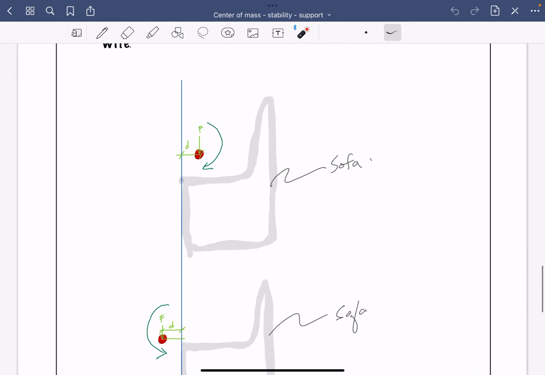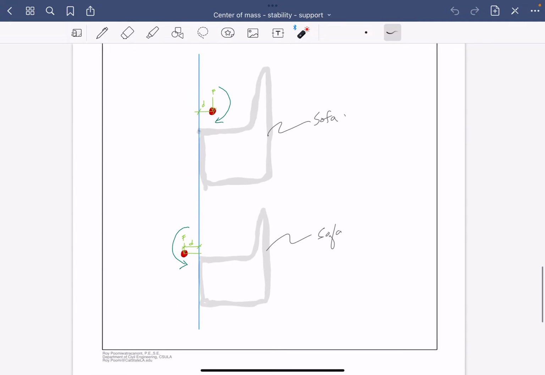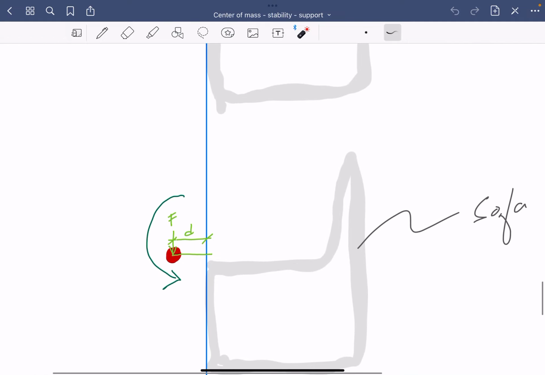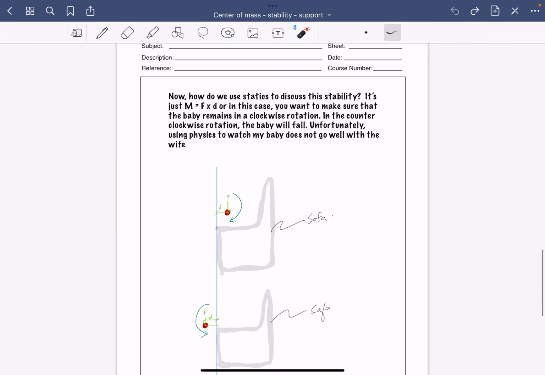That's why it's important to know the sign of your moment. I tell my students, I don't really care about positive or negative. I need to know if it's clockwise or counterclockwise rotation. That is really the concept of force times distance, understanding the clockwise and counterclockwise rotation. So keep that in mind.